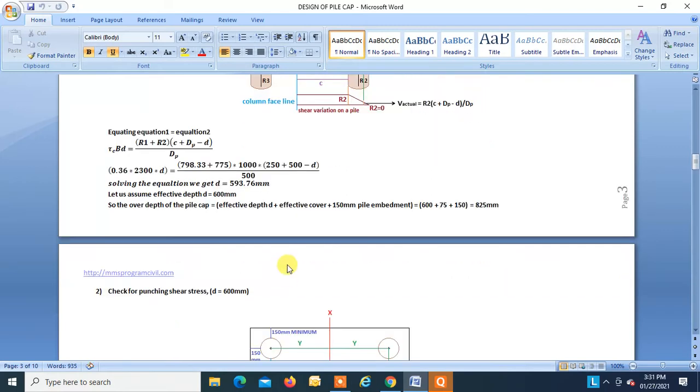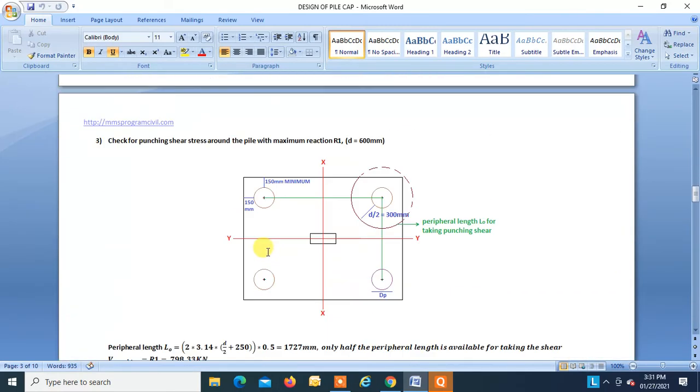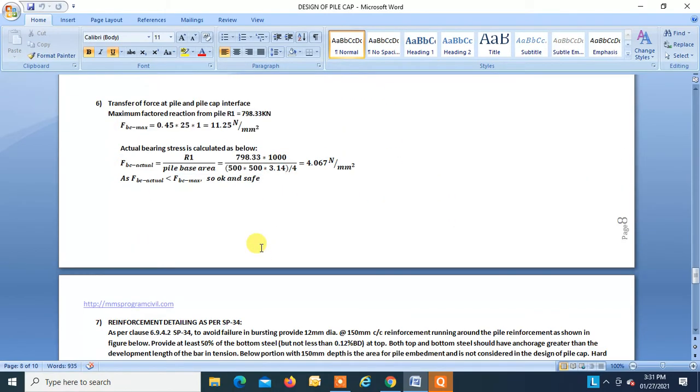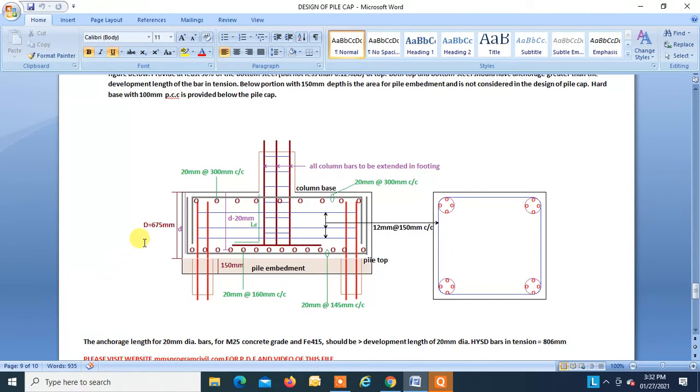Let me show you in the figure. This is the overall depth of the pile cap, 675. This is the effective depth 600, that is up to the center of the bottom bar, that is D, and this is the top bar.